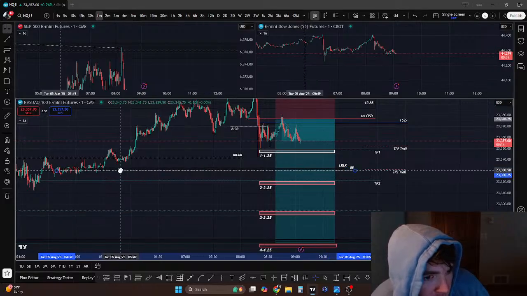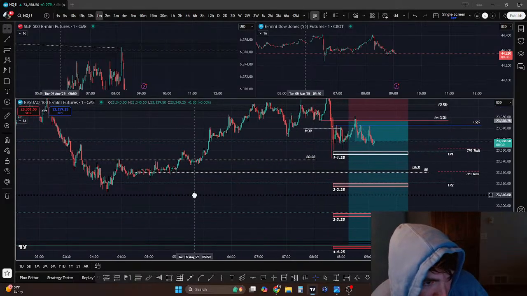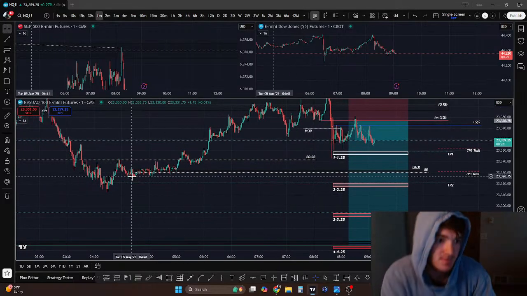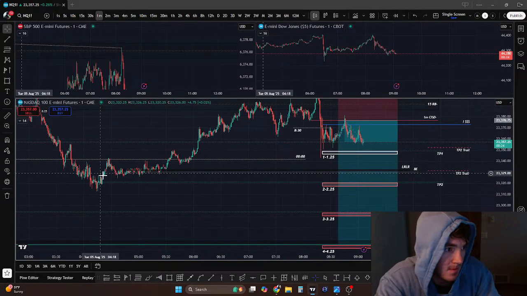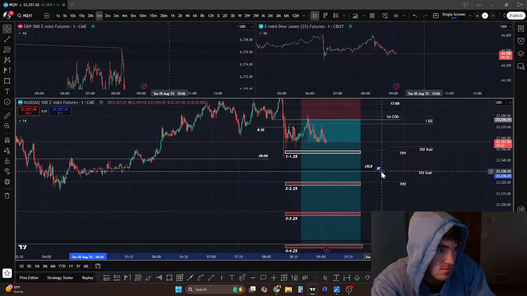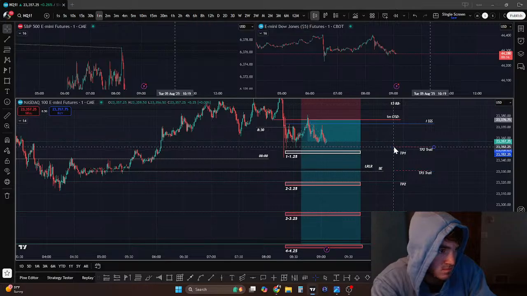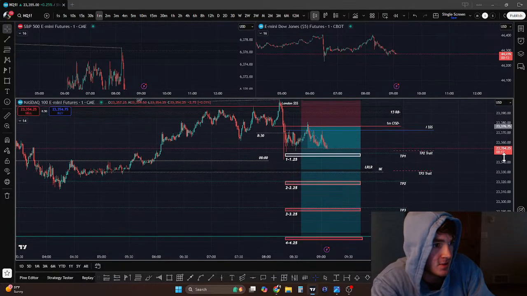If we hit that, that would need to accelerate price. But once again, I trade exactly according to my trade plan.